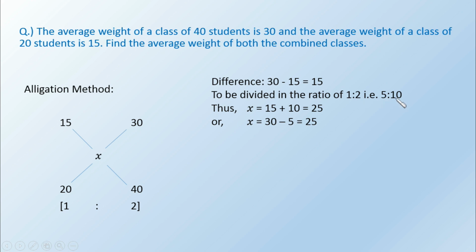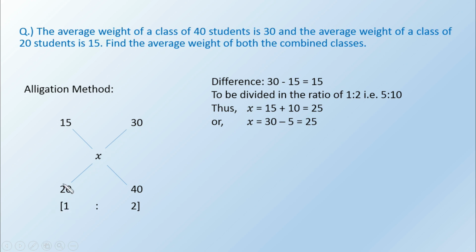Now since there is a cross relationship here, to find x, we can add 10 to 15 or subtract 5 from 30. So x is equal to 15 plus 2 parts out of 3 parts of 15, or 30 minus 1 part out of 3 parts of 15.